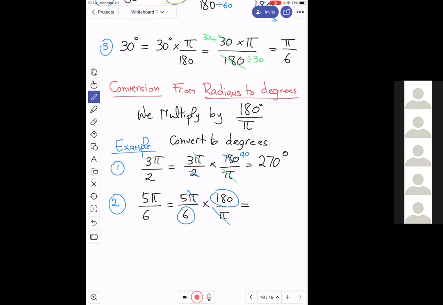So 180 over 6 is 30. You can divide by 6 here and by 6 here. So it's just 5 times 30, which is 150 degrees.